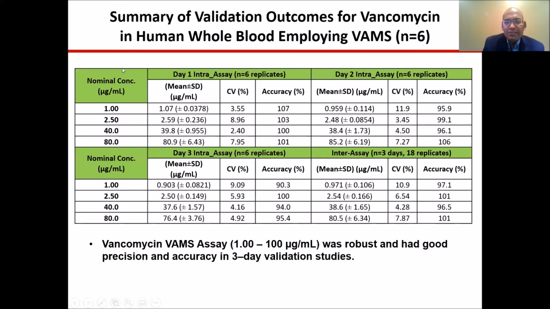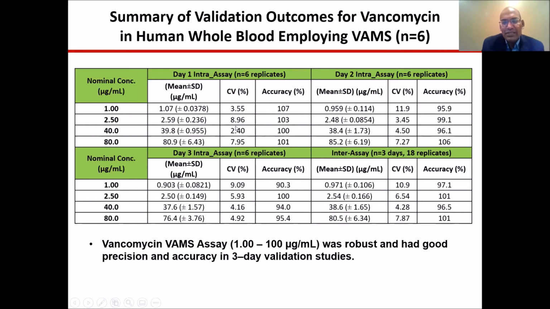So these are typical validation parameters from a 3-day validation, where we look at the accuracy and precision of quality control samples at the lowest limit of quantitation, in this case 1 microgram per ml, and low, medium, and high quality control concentration levels, and really look at the mean and standard deviation of 6 measurements, and then calculate precision, which is supposed to be within 15%, and accuracy, which is acceptable if it is within 85 to 115% for low, medium, high QCs, and within plus or minus 20% for the lowest limit of quantitation.